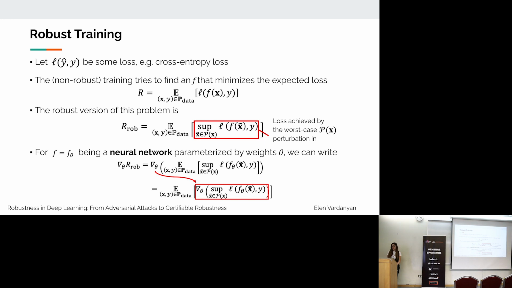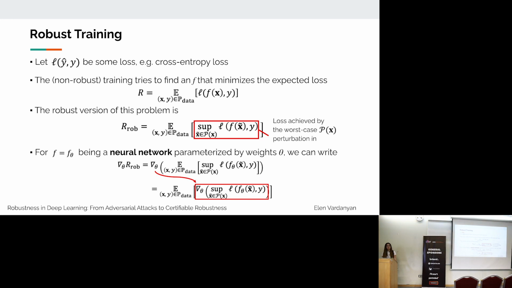The robust version of this problem would be the same average, but taken over the supremum of the loss under the set of all perturbations.